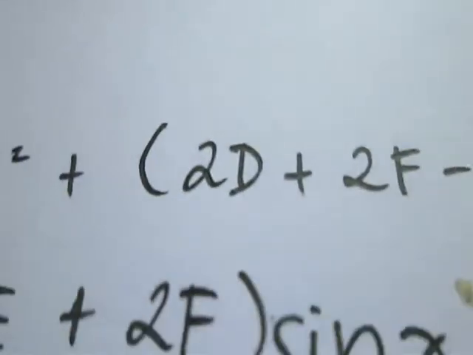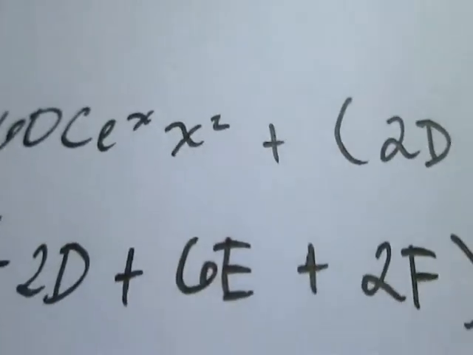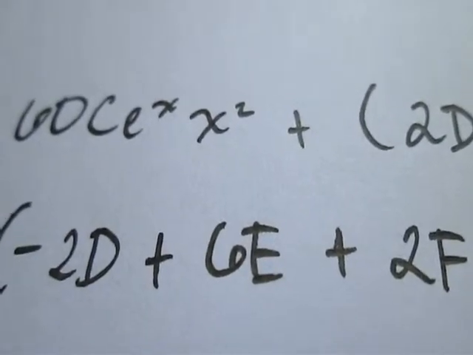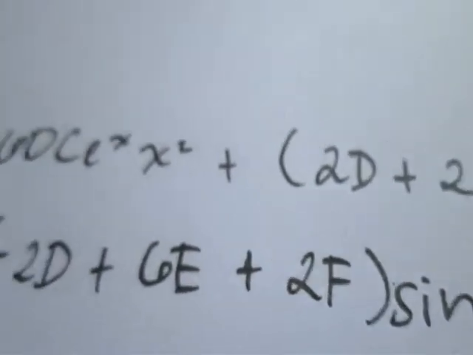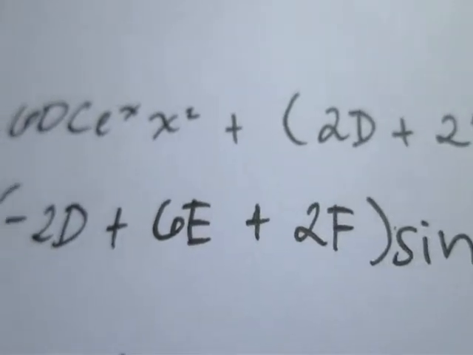And for this next term, negative 2d plus 6e plus 2f sine x, we have no term which contains sine x, so we have negative 2d plus 6e plus 2f equals to 0.